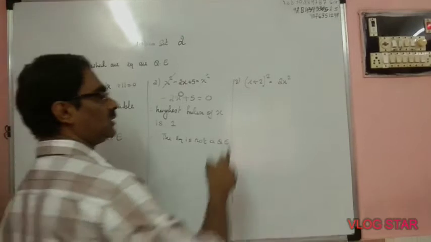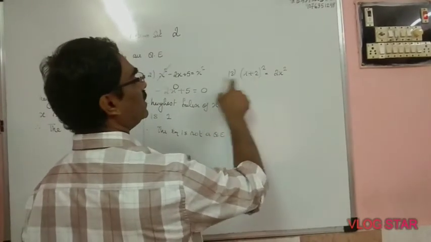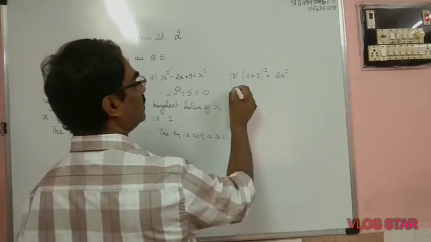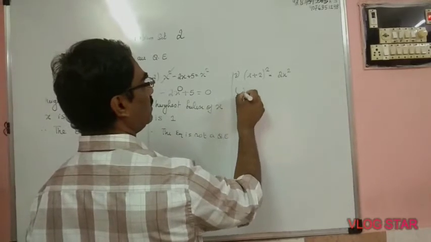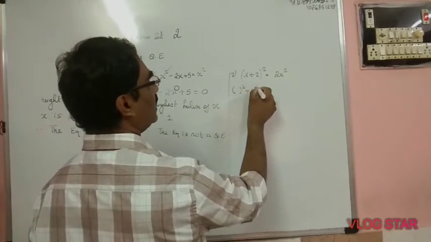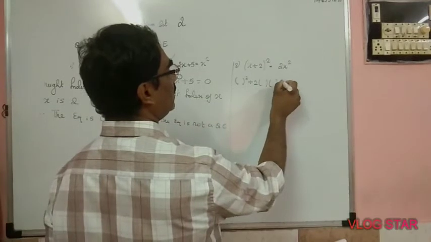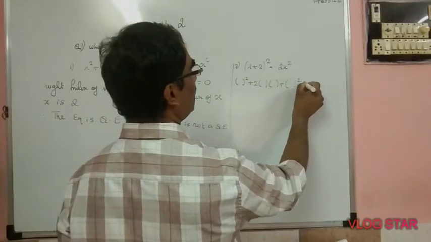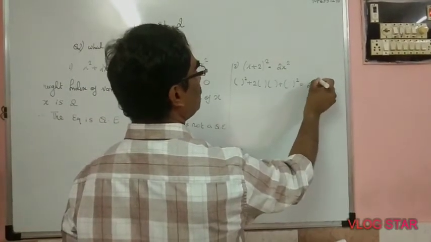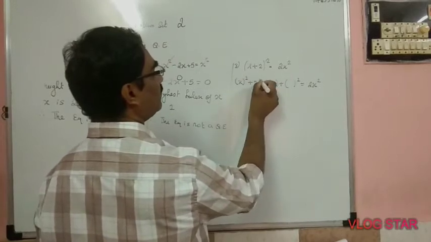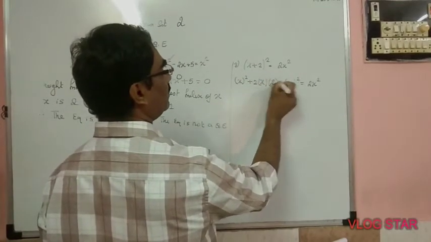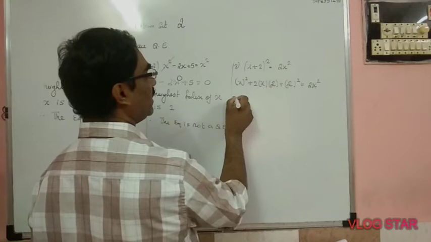Okay. Third sum. Now, for this one, इसको expand करो. A square plus 2ab plus b square, 2x square. ठीक है. A b b. Open the bracket.